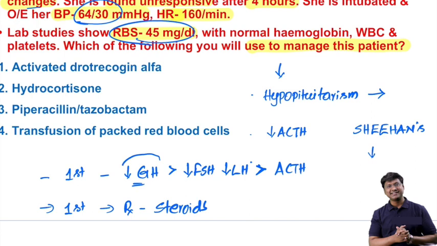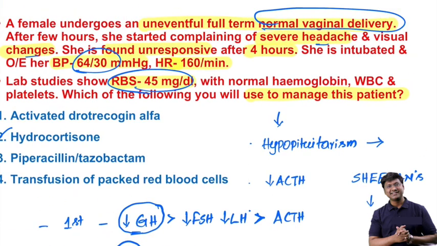First hormone to be reduced is growth hormone. But the first hormone that you need to give for the treatment is steroids. So that is the reason why the answer in this question is hydrocortisone. What about your drotrecogin alpha as well as piperacillin tazobactam? You should give these if you are suspecting sepsis in the patient.